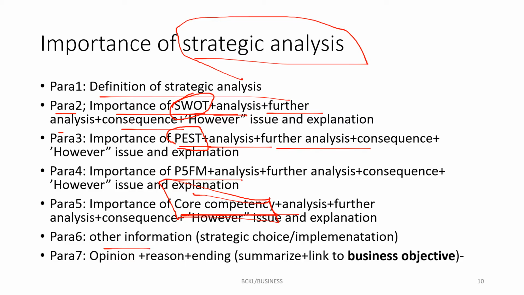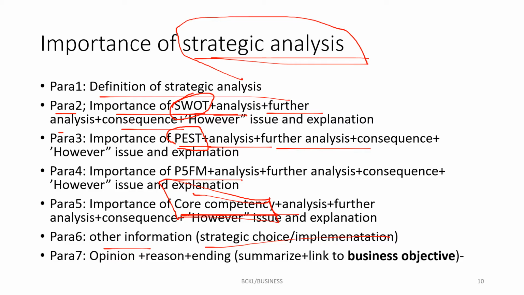Now in other information, now the question is on strategic analysis. So for other information, you will be talking about strategic choice and implementation. Now if the question would have been importance of strategic choice, then in other information you would have talked about strategic analysis and strategic implementation.